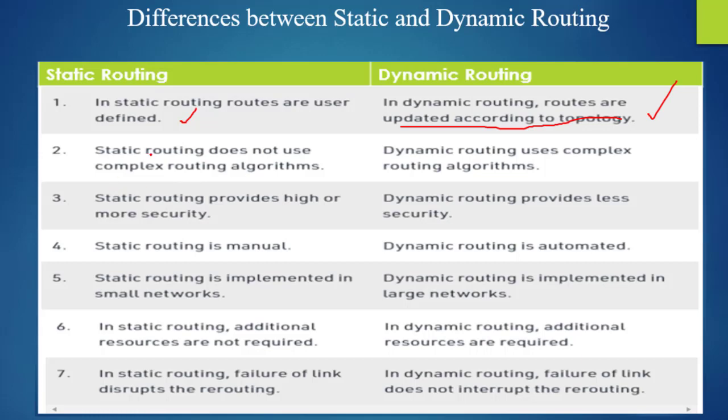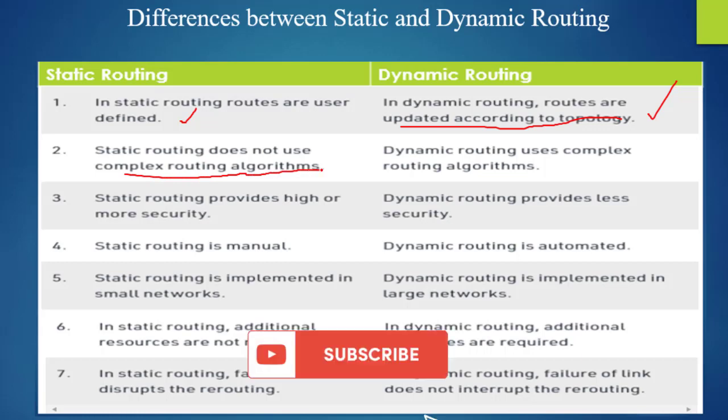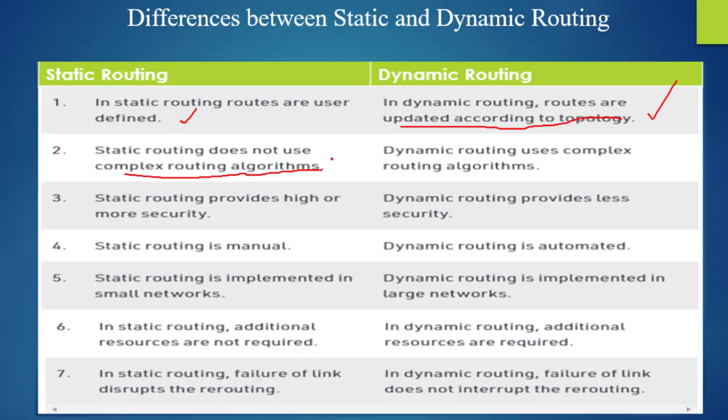Number two, static routing does not use complex routing algorithms. It's static, you just go and configure the routes. But dynamic routing uses complex routing algorithms. For example, RIP uses some algorithm, OSPF uses some algorithms, right?